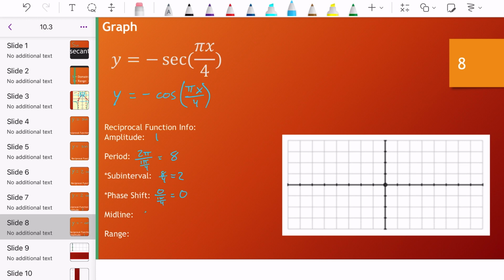Our midline would be 0 since there is no d, and the range would occur from -1 to +1. We're going to graph out the midline at 0, our maximum at 1, and minimum at -1.